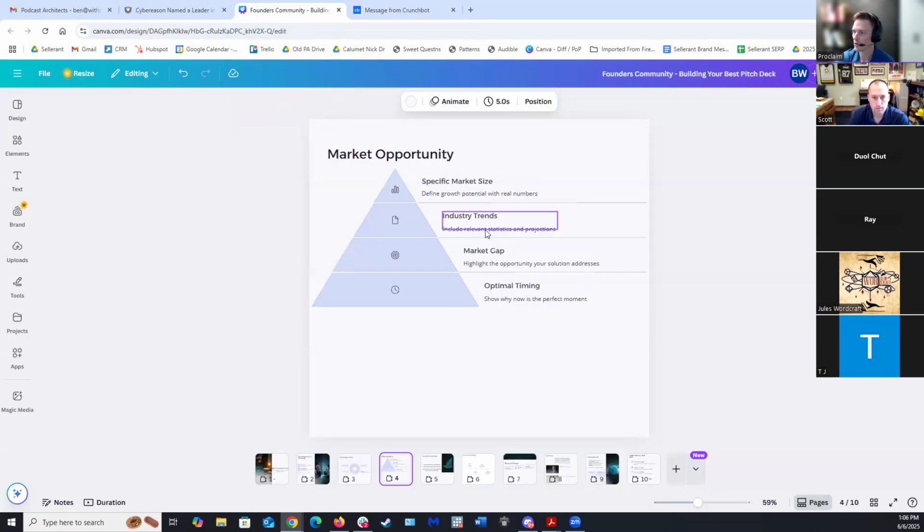One other thing you want to be cautious of when you're doing this, and I'll kill the screen share for just a second, is you want to make sure that the jumps down in your market sizing are not too big or too small. If I'm looking at a total addressable market of say $10 billion and the serviceable addressable market is $8 billion, it's too small a jump.